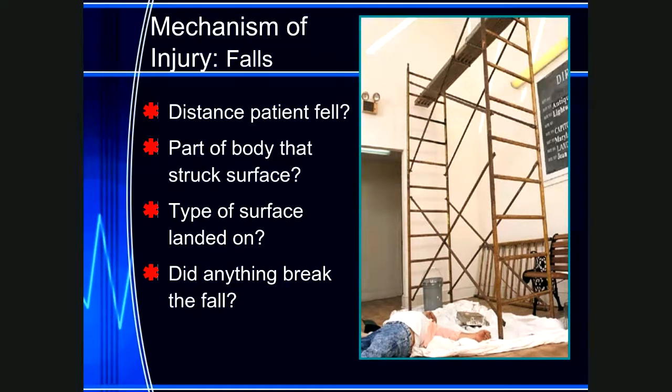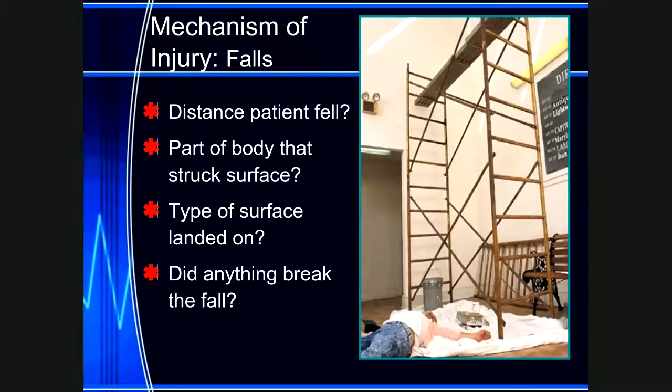The thing to take into account is, is the height of the fall greater than 15 feet or 3 times the patient's height? These distances are frequently severe, and most likely you'll have a statement in your protocol to transport them to a trauma center.